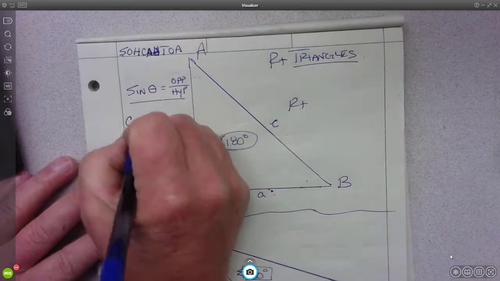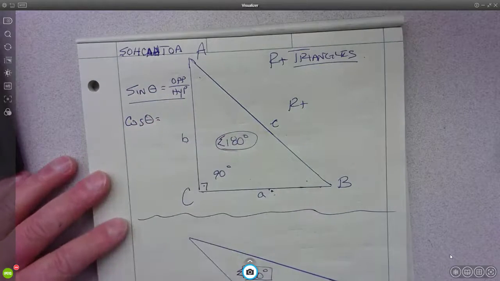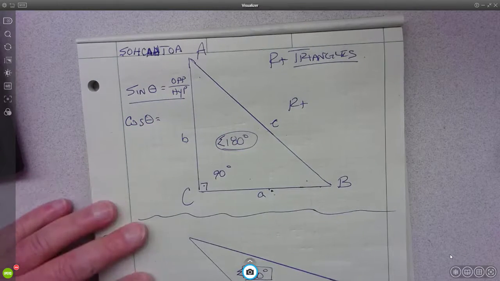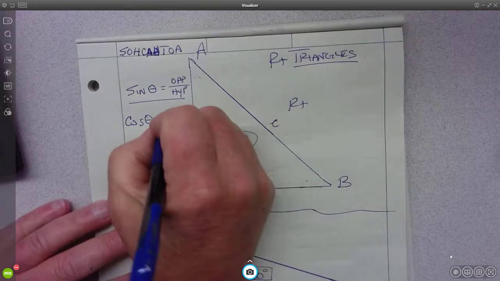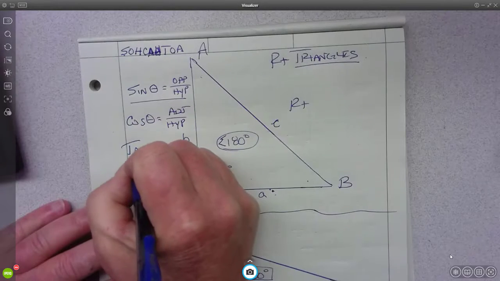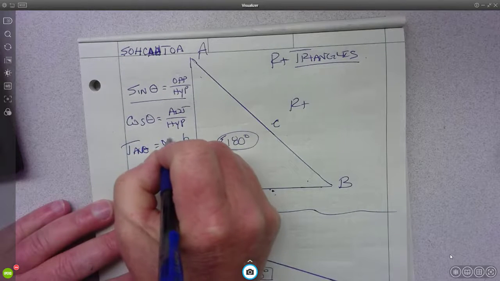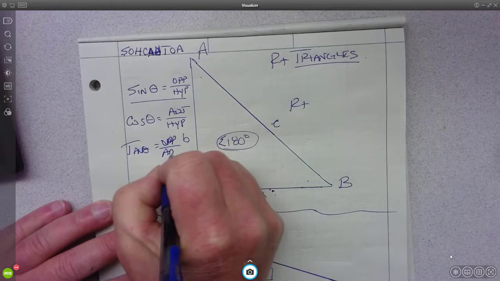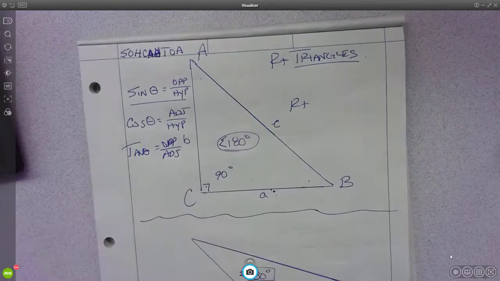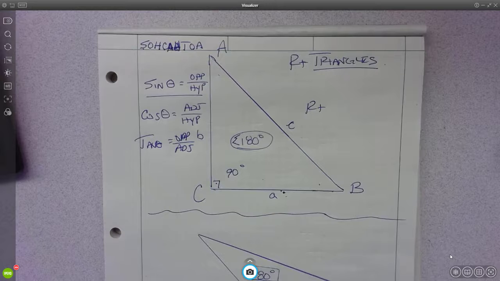Cosine is adjacent over hypotenuse. And then tangent is opposite over adjacent. So those are the primary functions for a right triangle.